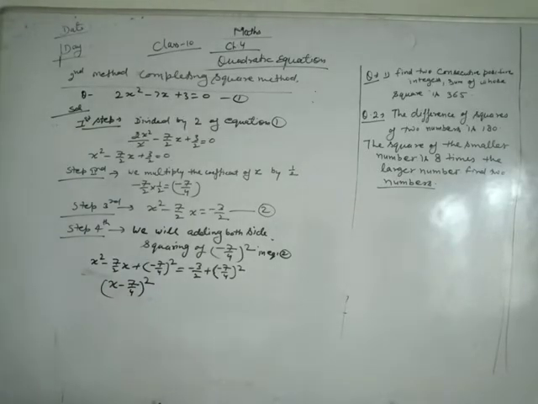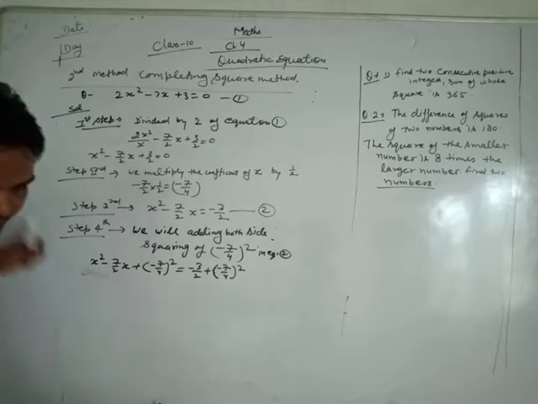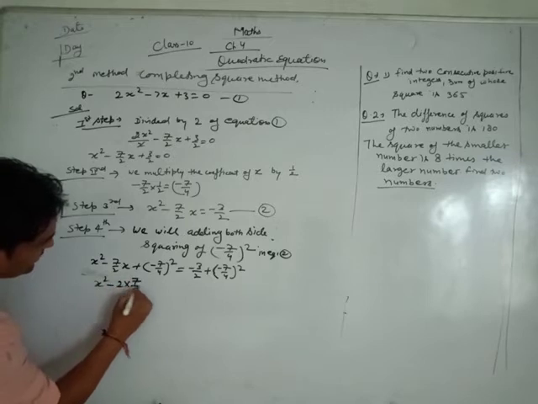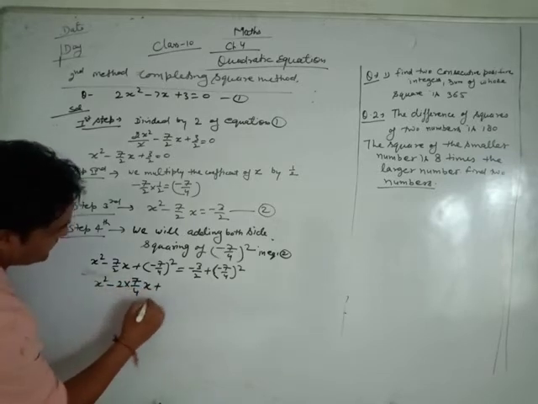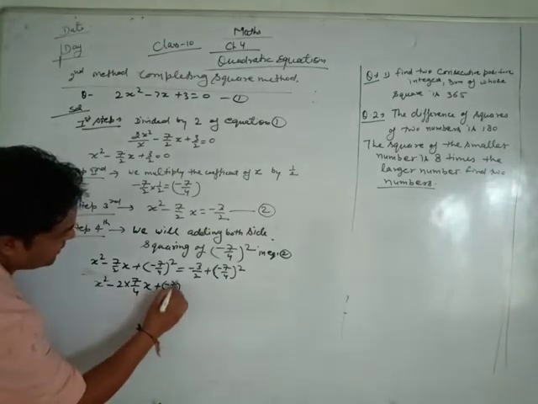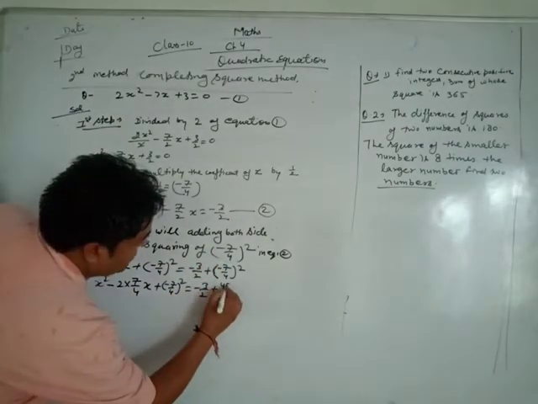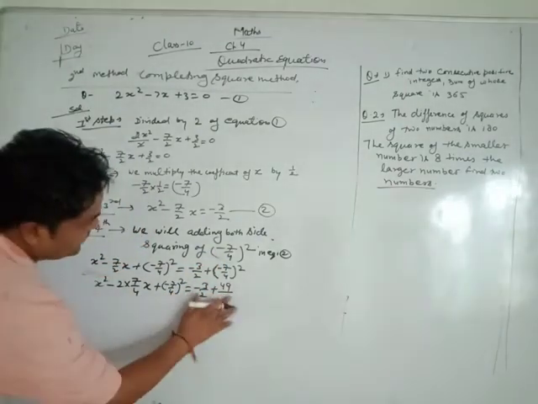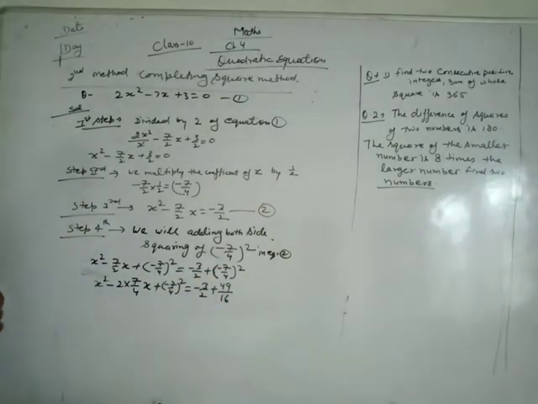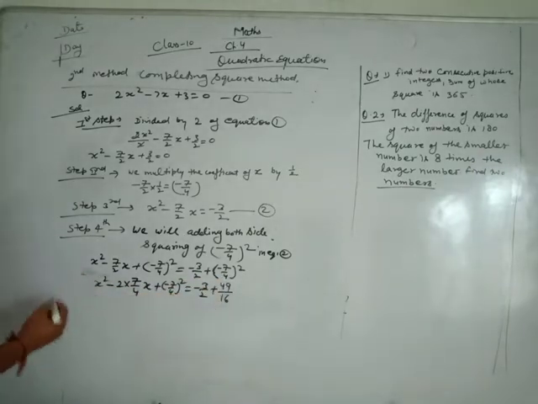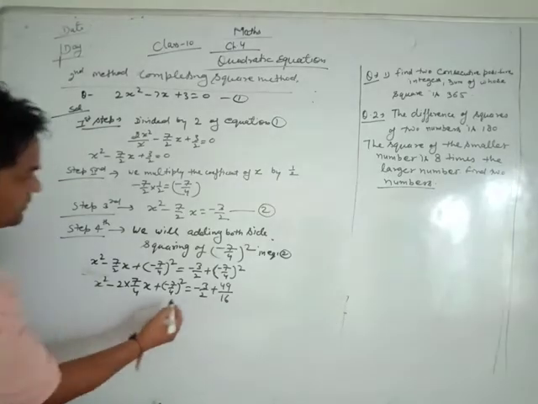I will explain it. Now x square minus 2 multiplied by 7 by 4x plus minus 7 by 4 square equals minus 3 by 2 plus, opening the square, 7 sevens are 49 by 4 square which is 16. Here we have explained it.